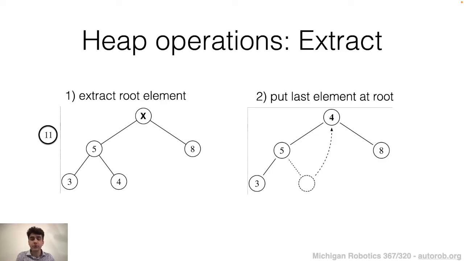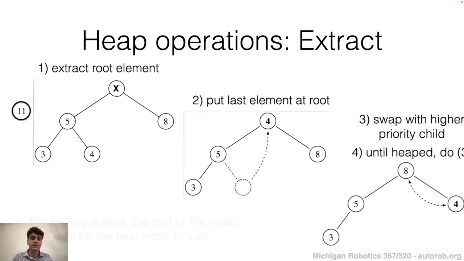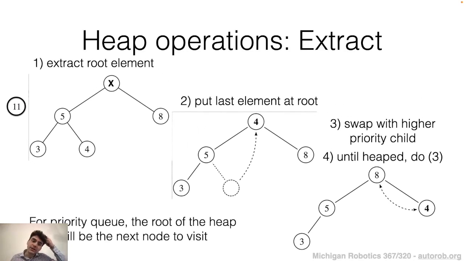So we simply remove it from the last position, place it at the root, and then, similar to the insert operation, we continually swap this element at the root that we moved from the last position with its children until the heap condition has been satisfied.